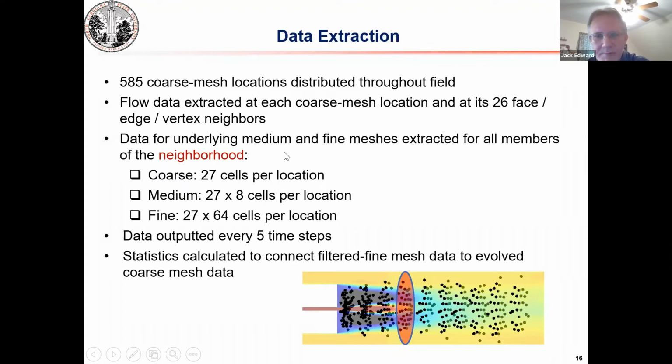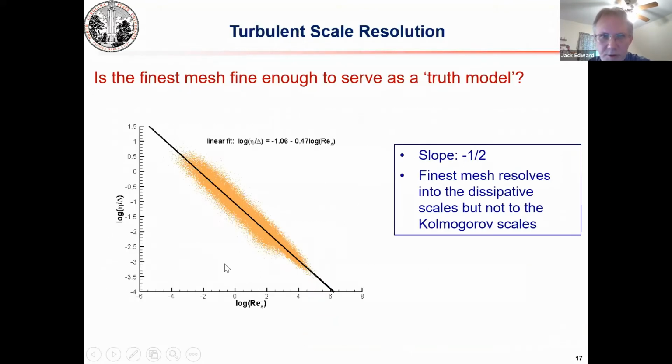And because this is part of a mesh hierarchy, you've got medium mesh level data that lives below that, and you've got fine grid data that lives even further below that. So we could extract all of this data and then figure out how to use it to discover the connections among the scales. So that's the database that we're going to be analyzing for the results I'm going to show.